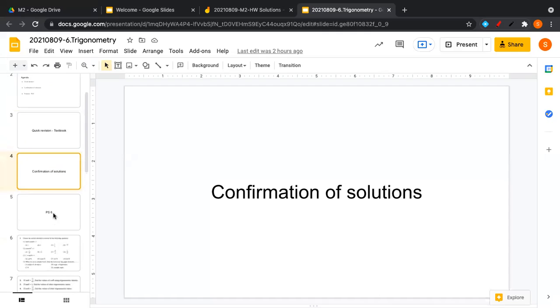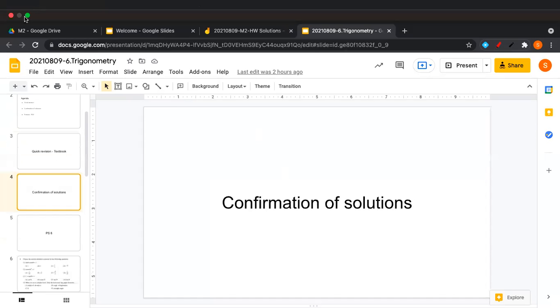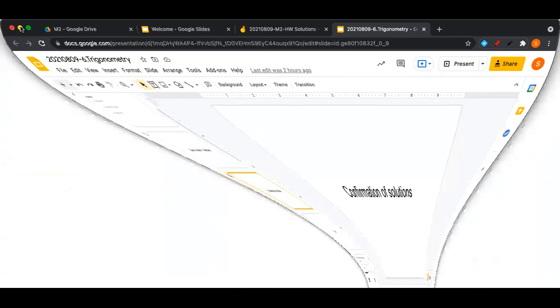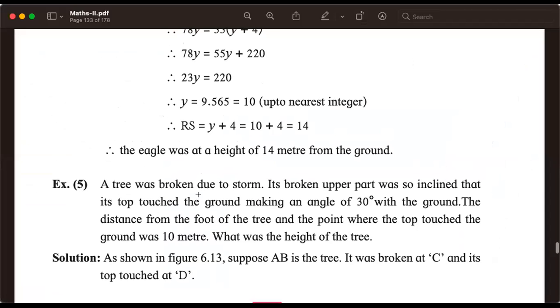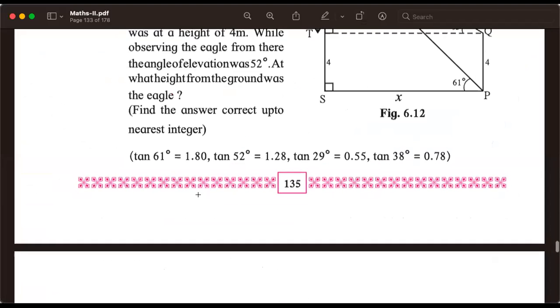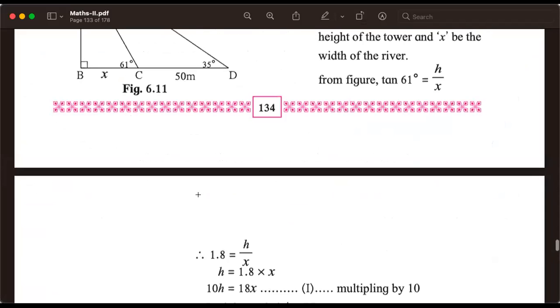Then I think we need to look at 2 more questions that are there in the textbook as examples. So let us look at that, and let me confirm that you have understood how the questions have been solved in the textbook.